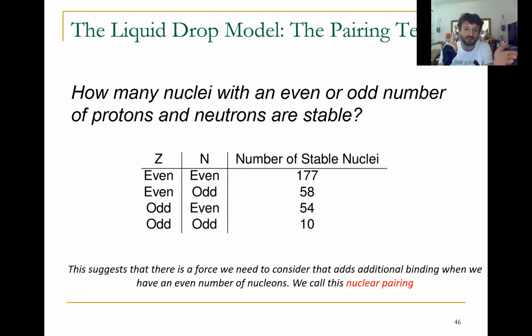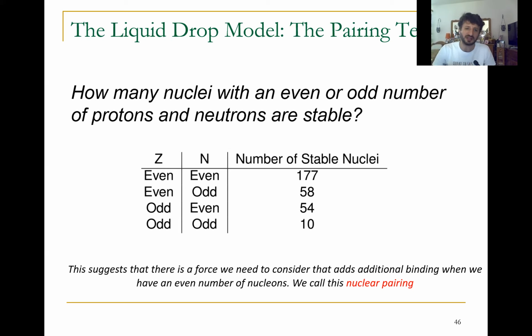In the case of Z even and N odd, for example 100 Z and 101 N, we have 58 stable nuclei. In the case of Z odd and N even, we have 54. In the case of N odd and Z odd, we have only 10.